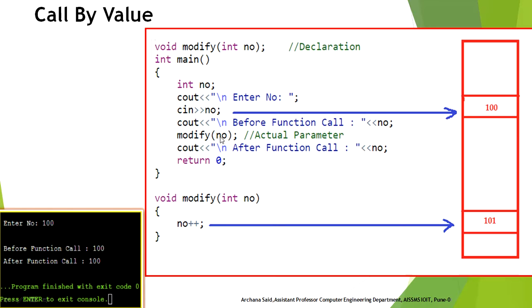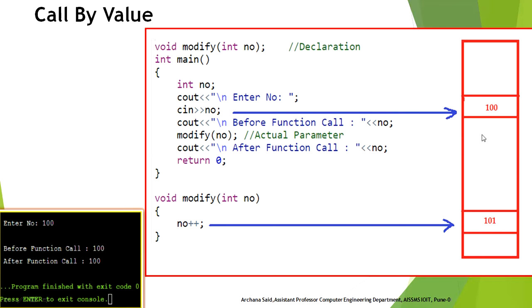Here is the function call, and NO, which we have taken from the user, is passed. This is the syntax for call by value. Once we come over here, the value gets updated, and as we all know, this NO is local in scope to this function. So this integer NO and that integer NO are in no way related to each other. One NO is limited to the main function and the other NO is limited to the modify function.